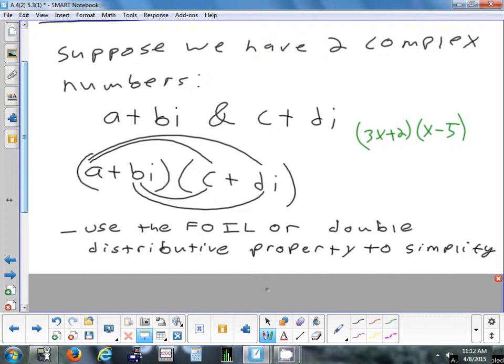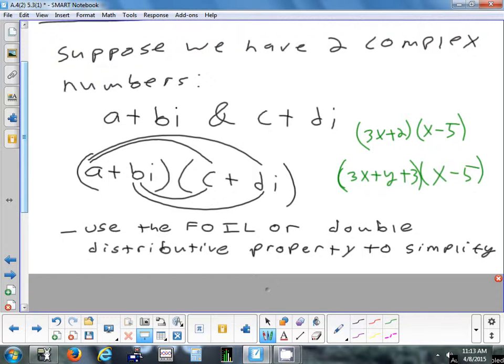How many people learned it as FOIL? Heard that before? Yeah, and that'll work fine here. Sometimes teachers don't show it as FOIL, because if you have something like this, you can't use FOIL on that. FOIL only works if you have two things times two things, which is all we'll ever have today. If you've got three things times two things, you just have to understand the idea of distributing everything here to everything here.